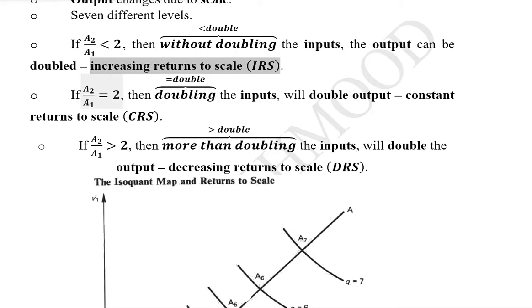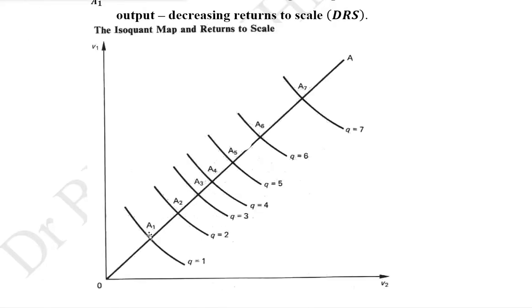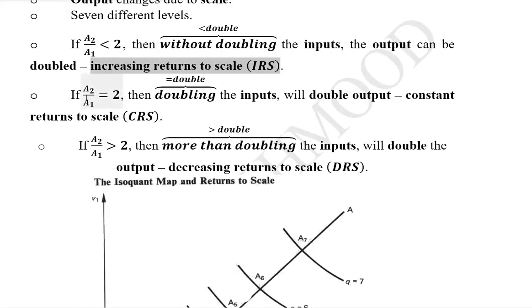Now the other possibility after this stage, that is A2 till A2 and A1, as you can see, the ratio is less than 2. Now if the ratio of A2 and A1 is equal to 2, it means that we are exactly able to double the output by doubling the inputs, because it is equal to 2.